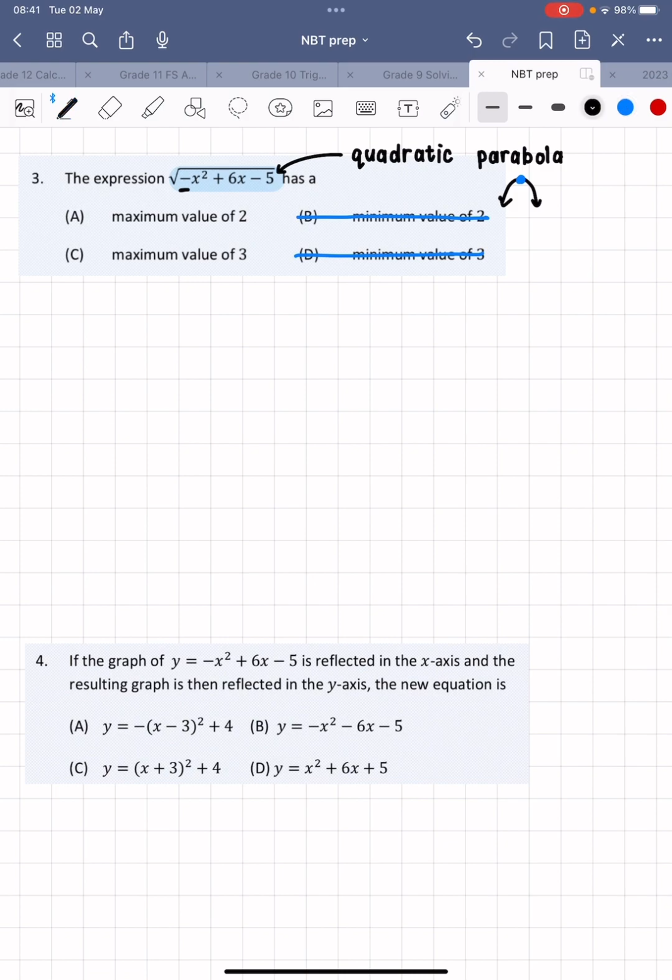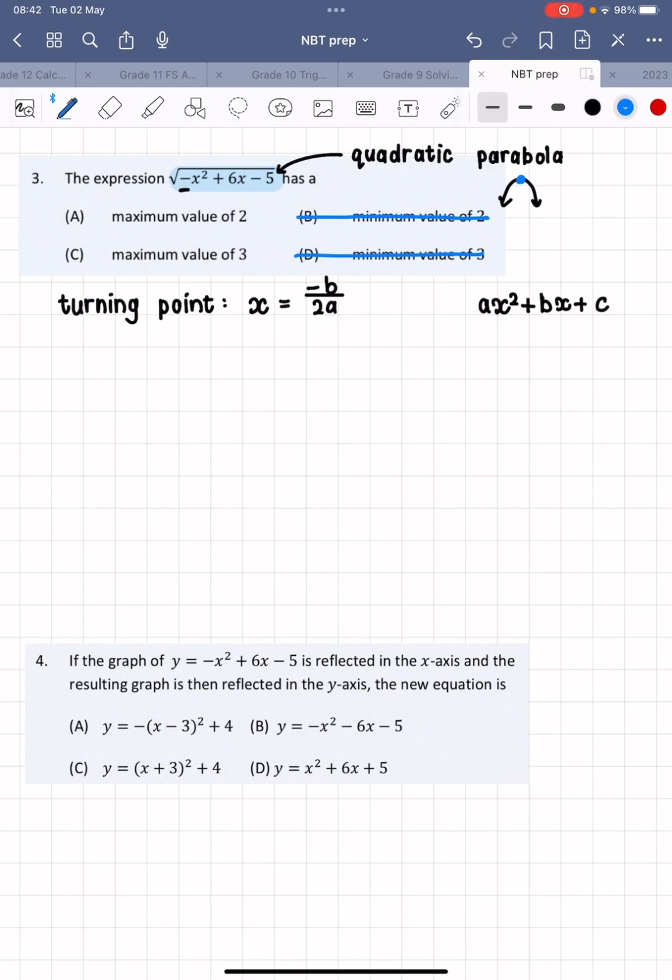Now the maximum value is found at the turning point. In order to find the turning point of this parabola, there are different things that you can do. Firstly, you can use the turning point formula, which is what I'm going to do, which is just calculating negative b over 2a. The b and a values are coming from the standard form, ax squared plus bx plus c.